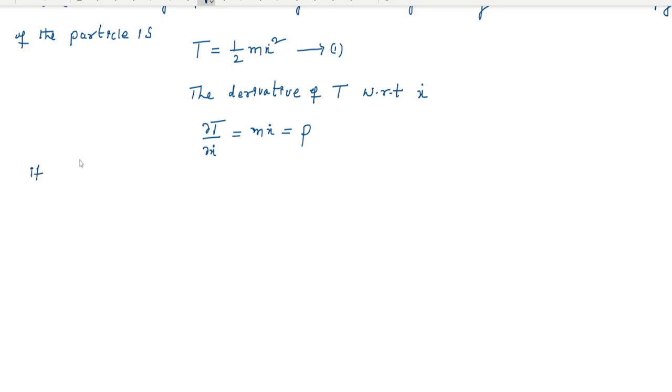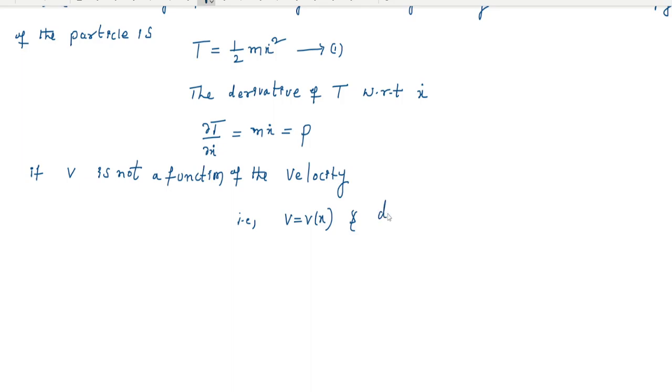If V, the potential energy, is not a function of velocity, that means V equal to V of x, right?